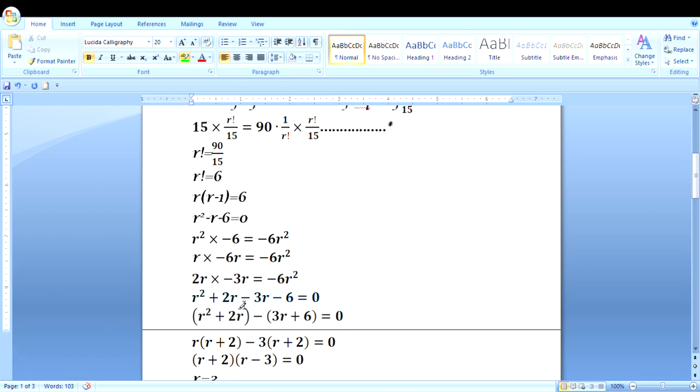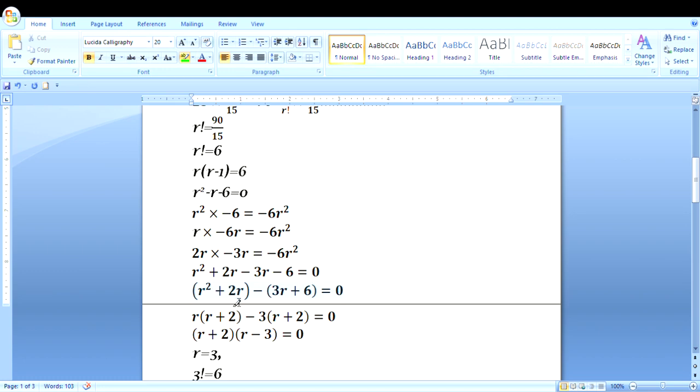So we replace the middle term with 2r minus 3r, and this becomes r squared plus 2r minus (3r plus 6).